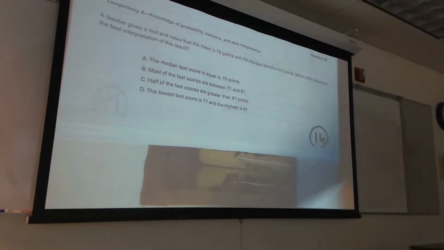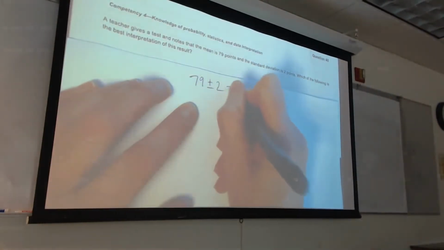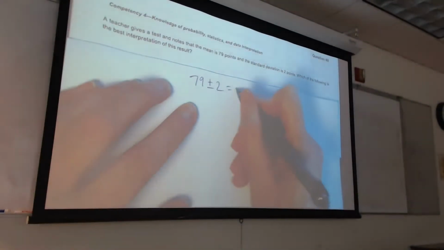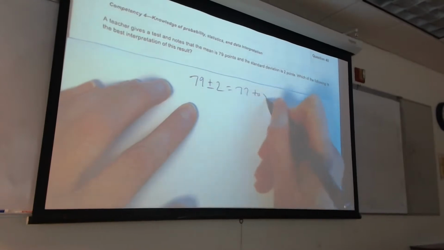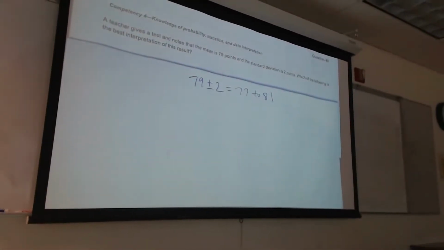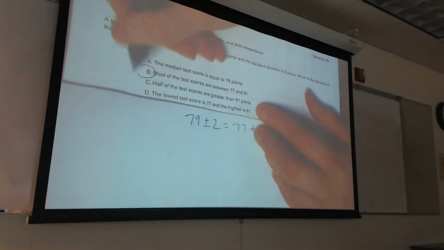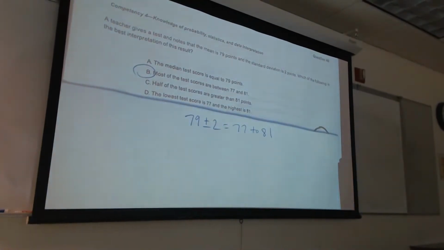So what standard deviation means, I say it's a standard deviation of 2. That means it's 79 plus or minus 2. That means most of them fall between 77 and 81. Now that's just one standard deviation.